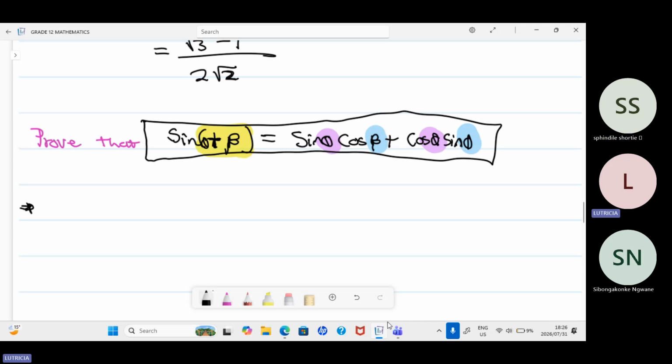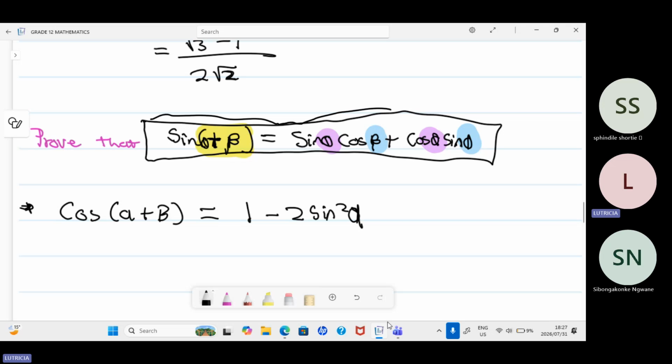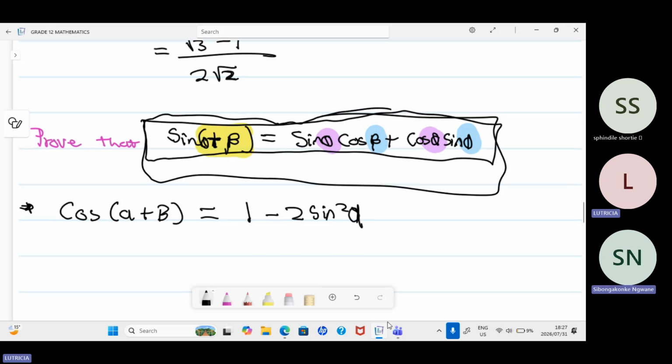How I know they normally ask questions would be something like cos of alpha plus beta, and then they say show or prove that it is equal to, and then they write something like cos 2 alpha, or maybe 1 minus 2 sine squared alpha, and then you have to apply this identity here, and as you simplify the equation you end up with this solution.